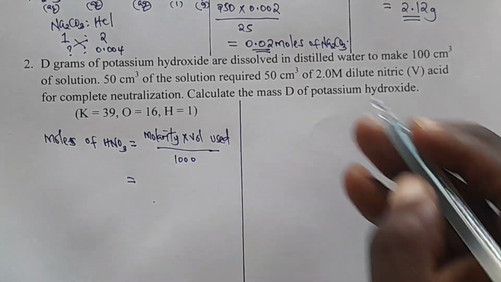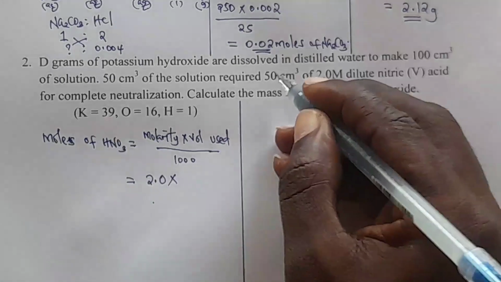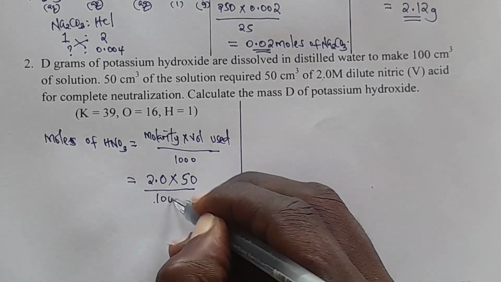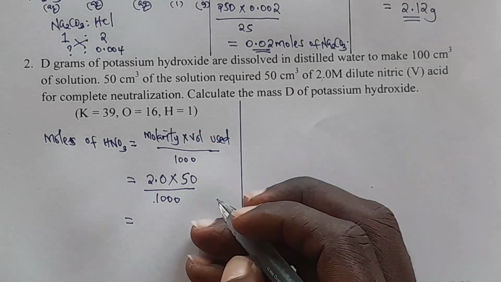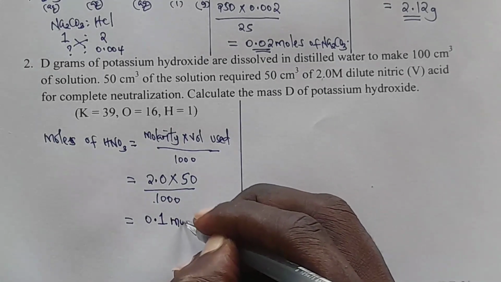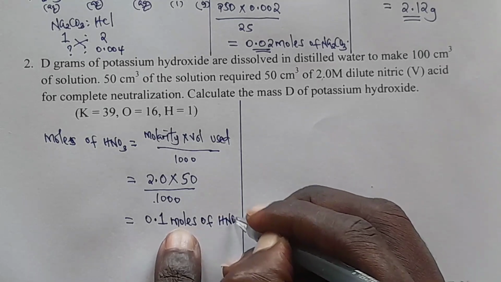So the molarity of nitric(V) acid is 2.0 multiplied by 50, which is the volume, then divided by 1000. So here we are going to get 0.1 moles of dilute nitric(V) acid.